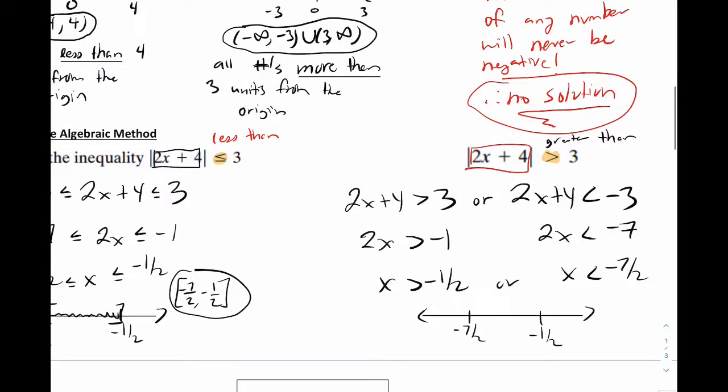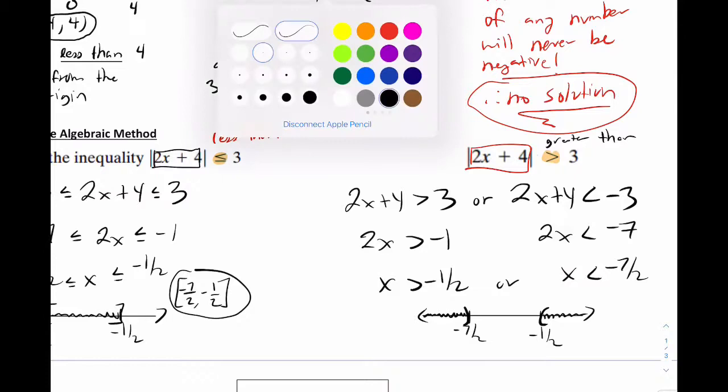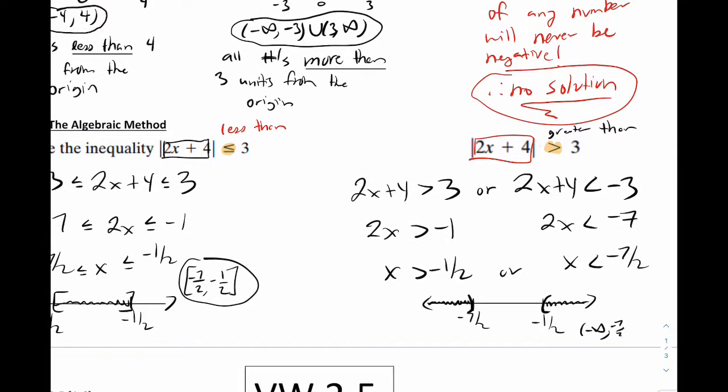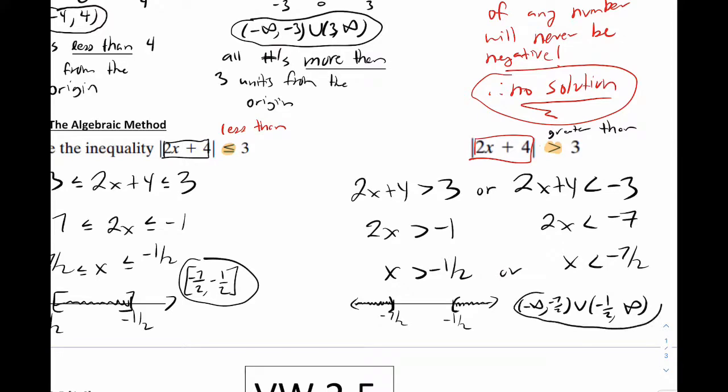When I graph this answer, notice how if I want everything greater than negative 1/2, the answer is now going on the outside, which means our answer as an interval is going to be negative infinity, negative 7 over 2, I'm going to need more room, union, negative 1/2 to infinity. And we'll leave our answer as an interval. That's it.